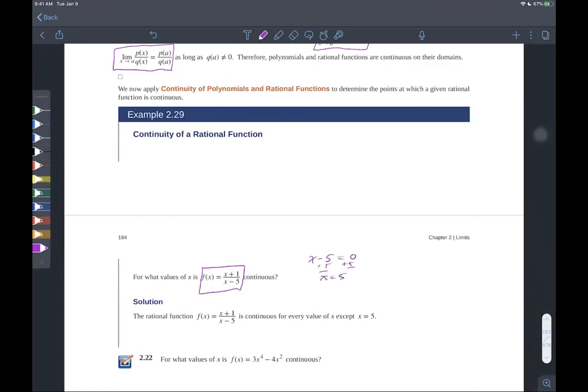But at x equals 5, this function f of x is discontinuous. So the domain of f is basically all real numbers except for 5. So the rational function f of x is continuous for every value except x equals 5.